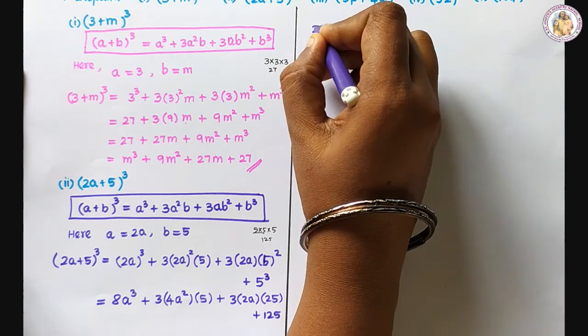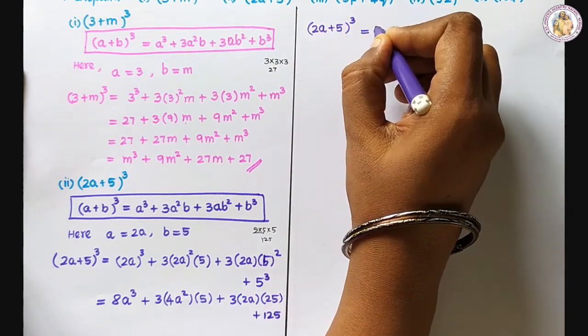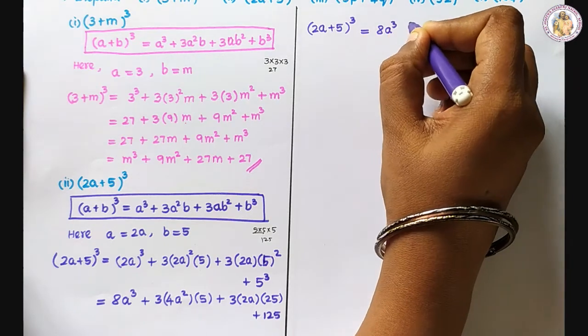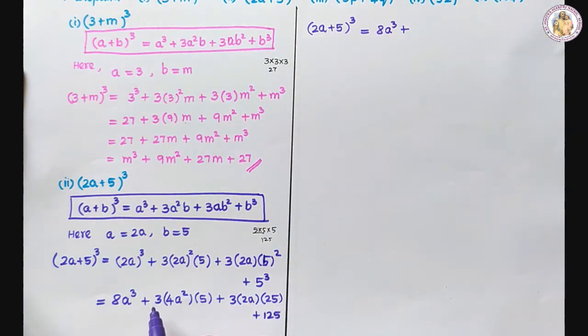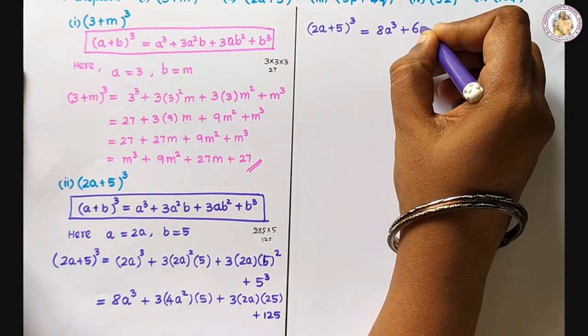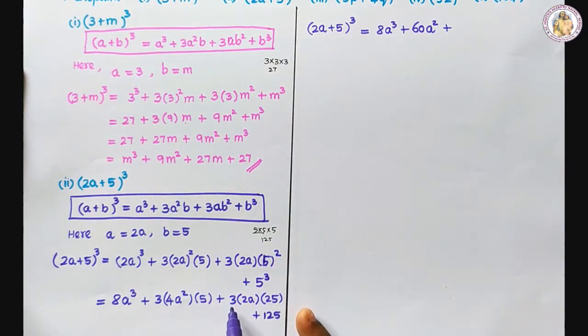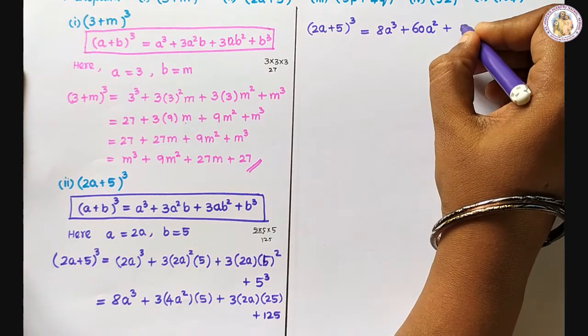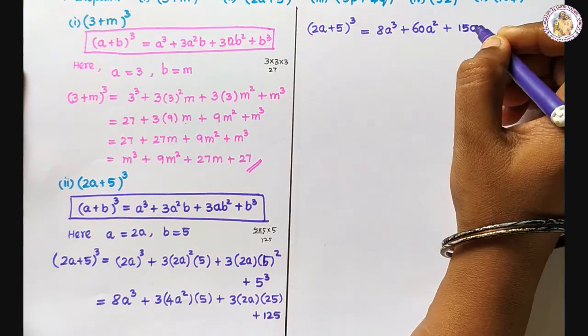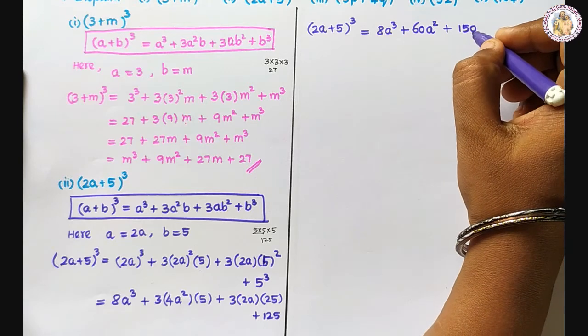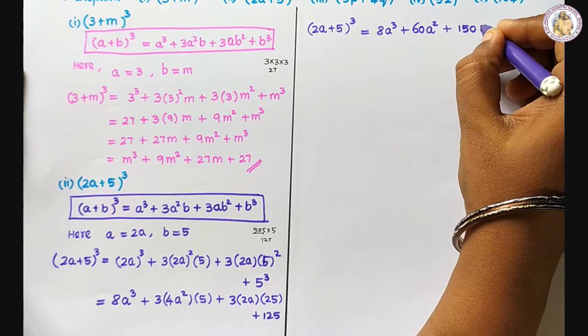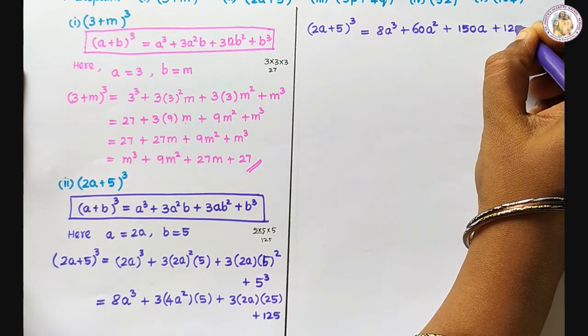2a plus 5 the whole cube equal to 8a cube plus, multiply the numbers first. 3 4s are 12, 12 5s are 60, 60 a squared, plus 3 2s are 6, 6 25s are 150 a, plus 125.